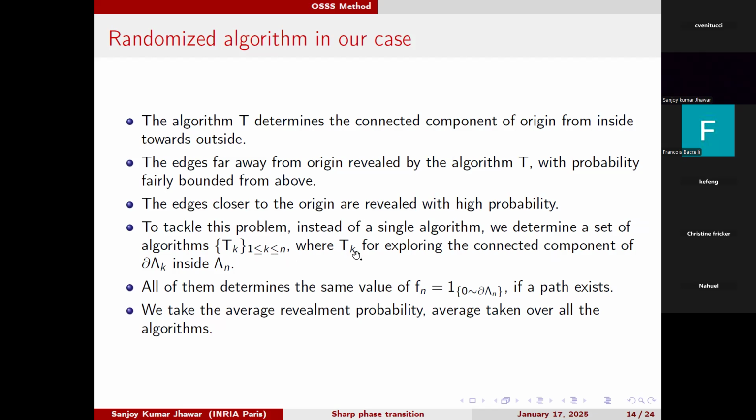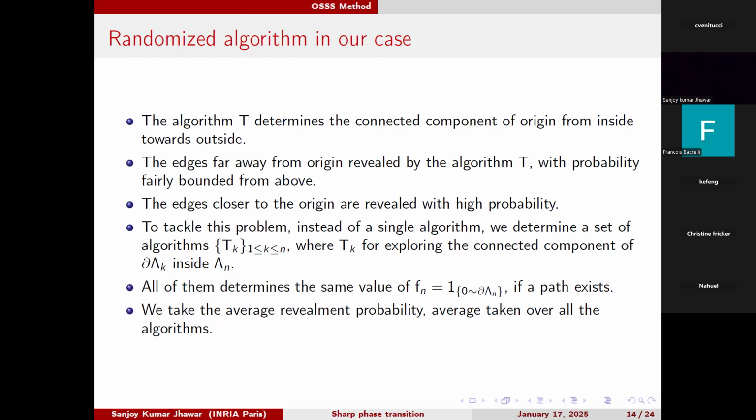T_k explores the connected component of the boundary of a smaller box Lambda_k, and the connected component should be inside the larger box Lambda_n. Lambda_n is fixed for now. For each k you take the boundary of the smaller box, and you try to explore the connected component of this boundary using some algorithm.